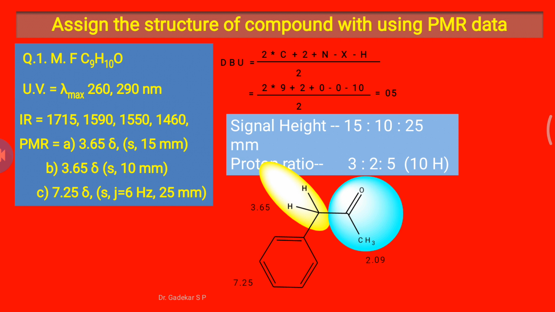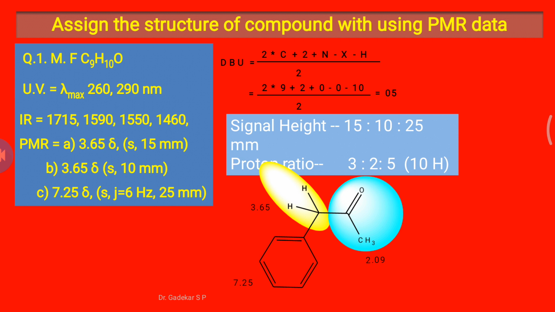Second, B is also observed near about 3.65 delta. This peak is also a singlet and its peak height is 10 millimeter. The third signal is observed at 7.25 delta.